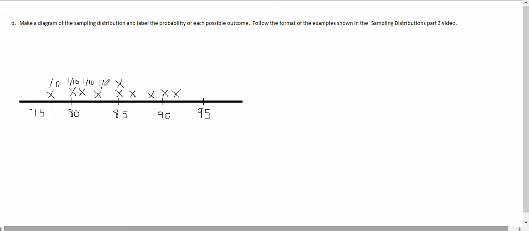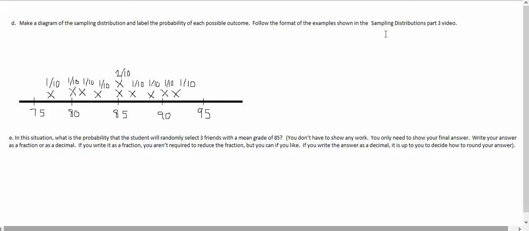This one is also 1/10. There is a 2/10 probability of the sample mean coming out to this number. You don't have to reduce, so it's fine to write 2/10. Here, this is 1/10. And actually all of the others are 1/10 because 85 is the only number that repeats. So what we're writing here is just the probability of the sample mean coming out to this number when the 3 people are randomly selected. And now we are finished with this diagram.